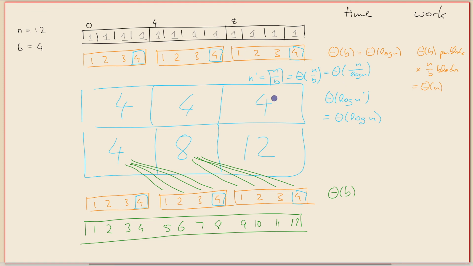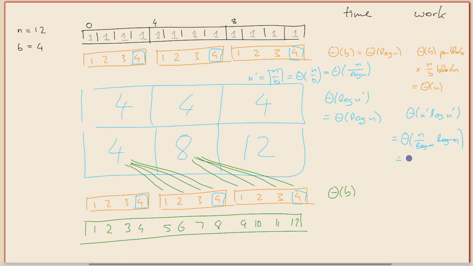For the blue part, we're using the work inefficient algorithm from before. So the work there was n prime times log n prime. If we insert what our n prime is, we see that this nicely cancels. So it's n divided by log n times log n prime, which we've already seen is log n, minus this small term.